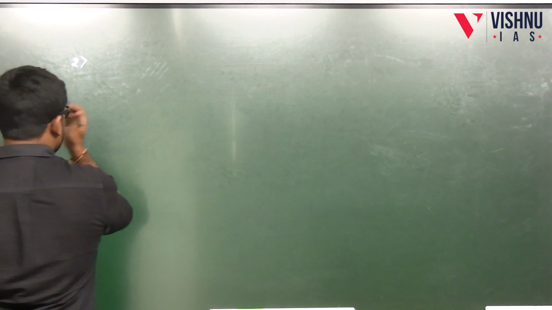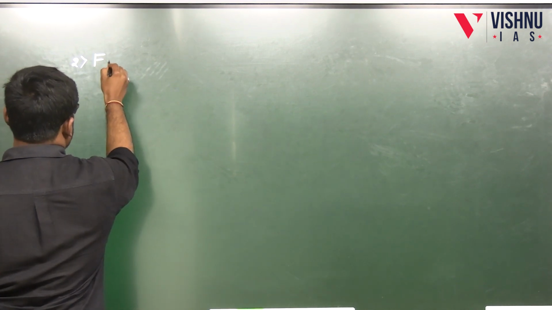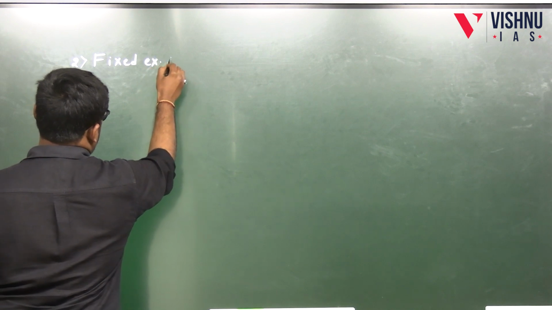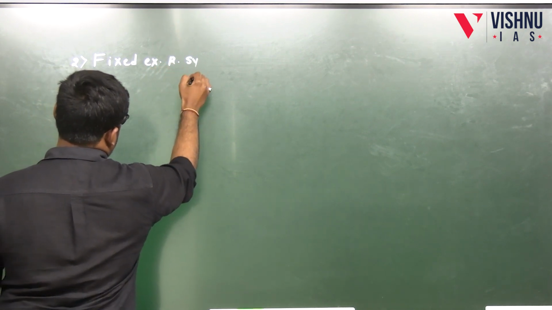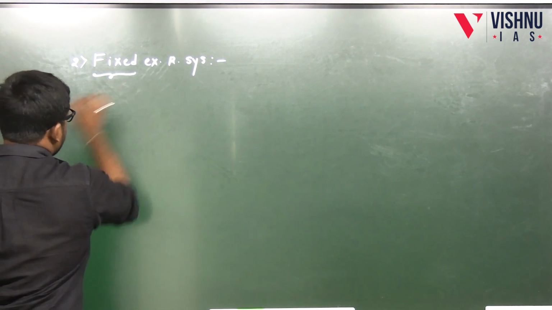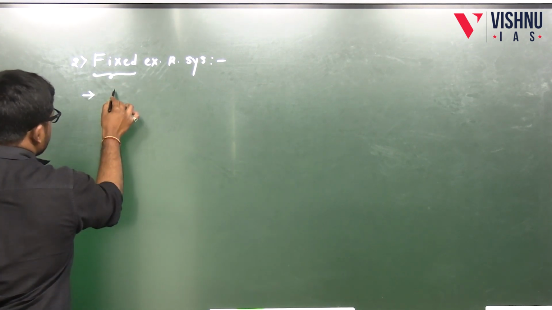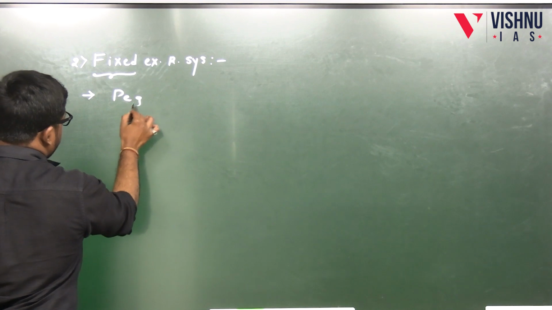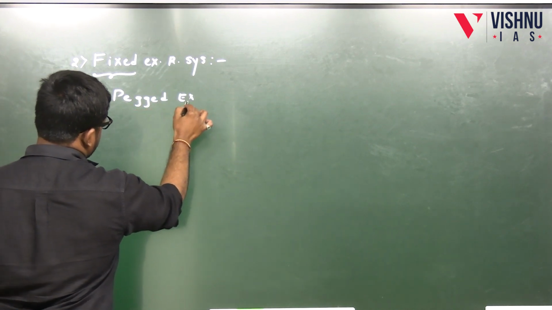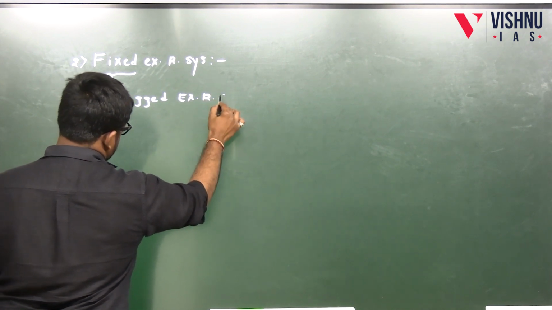The next one is the fixed exchange rate system. See, this fixed exchange rate system is also called the pegged exchange rate system.